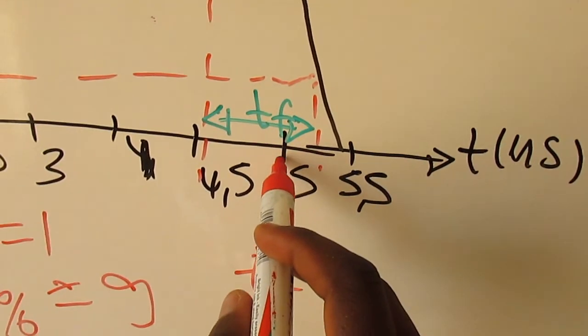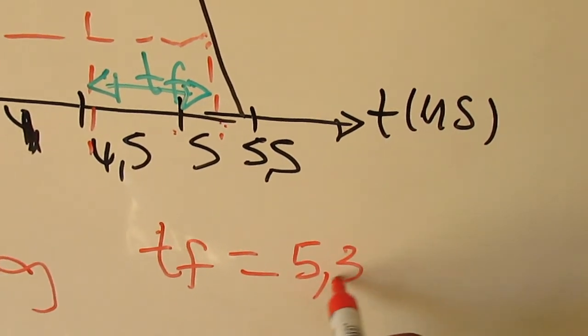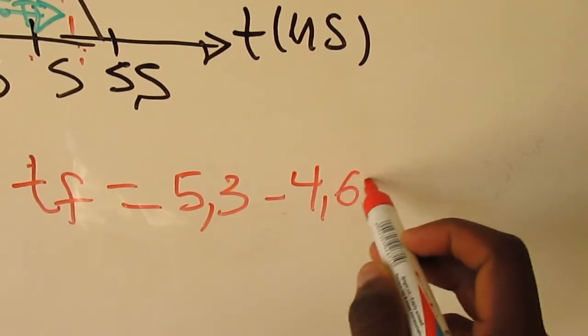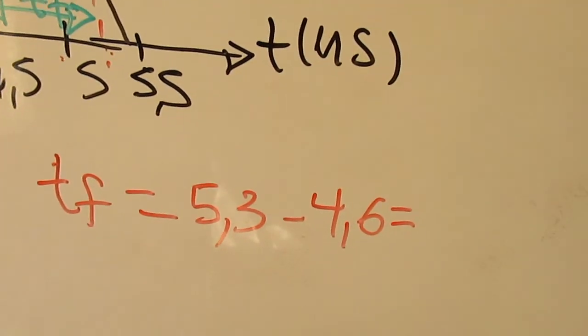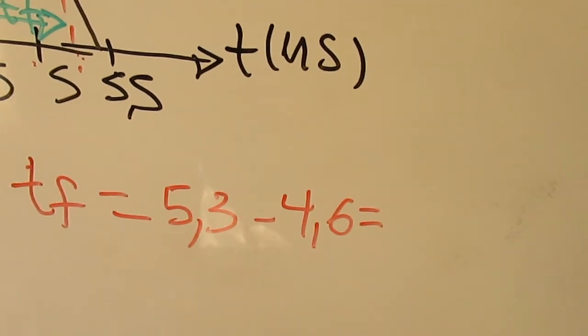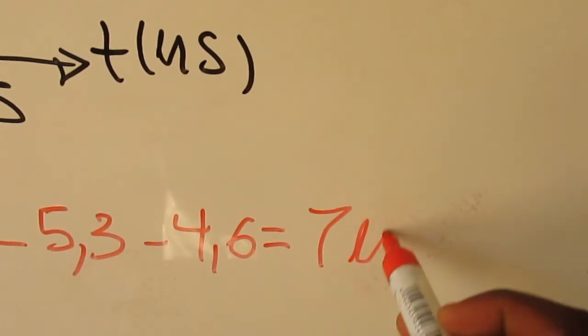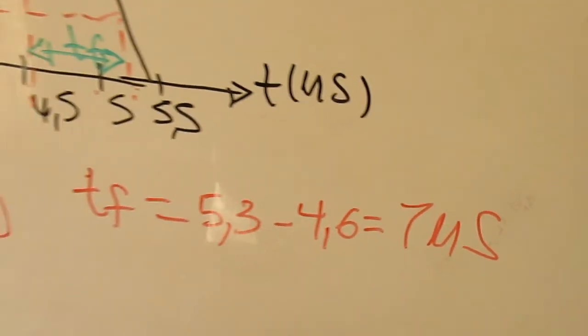As you can see here, it's 5. So this can be, let's say for instance, 5.3 minus, and then you check here, this is going to be 4.6. So when you take 5.3 minus 4.6, you can see that this is going to give us 0.7 microseconds as your falling time.